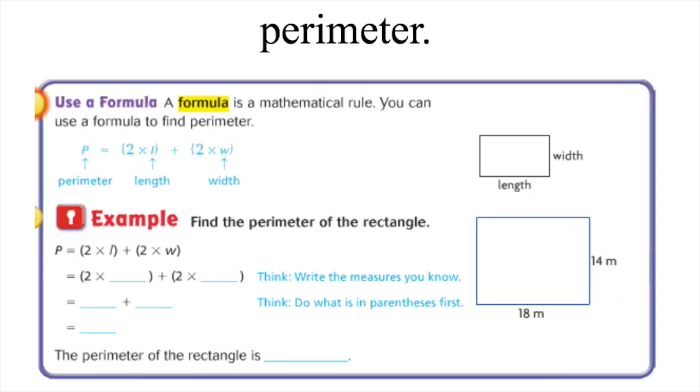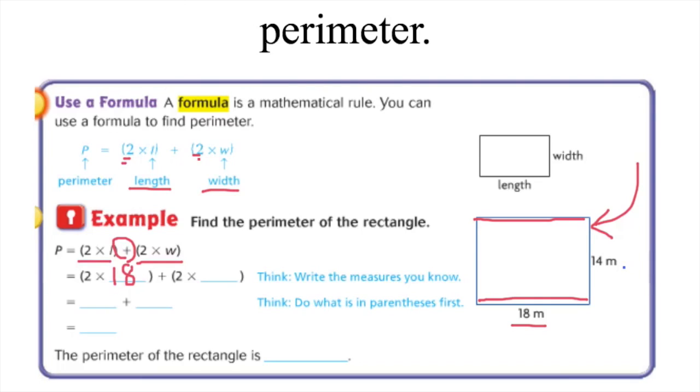When we're using the formula, again, we're thinking, I know there's going to be two of the same length. I know there's going to be two sides of the same width. So I want to use this formula: 2 times L plus 2 times W. So if I'm looking at the example here, I know that there's 2 of 18, one here and one here. So I would multiply 2 times 18.